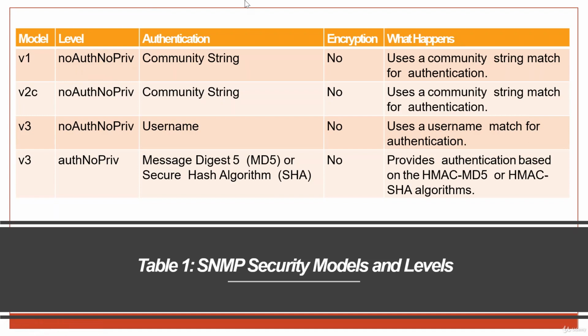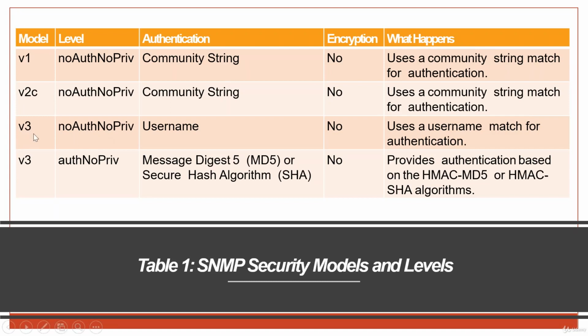I told you that community is itself a type of string, or you can think of it as a password just to do the authentication, but it's not exact authentication like you have MD5 and SHA that we used to learn inside various other protocols like IPsec and others. Still you can think that community is a password, or an authentication way of protection between the agent and the manager.